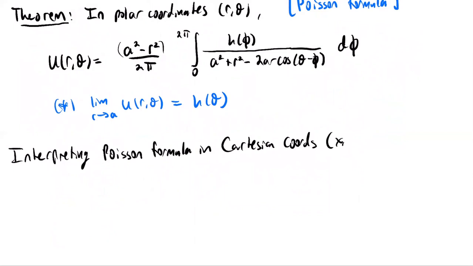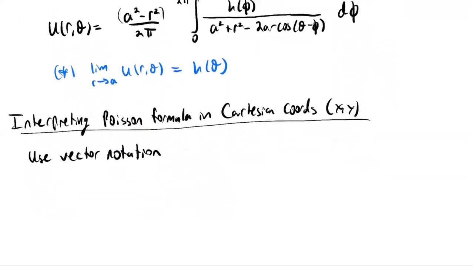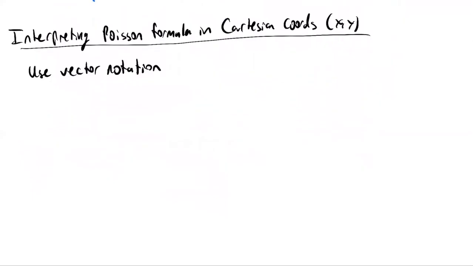By Cartesian coordinates, again, I mean x and y. To make this a little bit easier, I'm going to use vector notation. I'm going to be thinking about points in the plane as vectors. Hopefully you can easily translate back and forth between x and y coordinates and two-dimensional vectors.